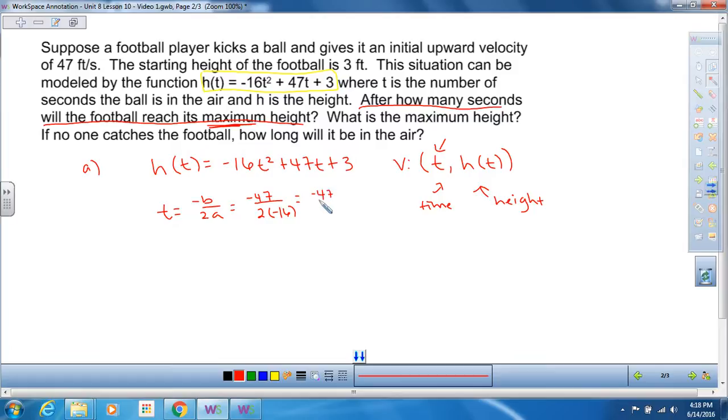Negative 47 over negative 32. So we get a pretty long decimal here. Let's round to 2 places. So that's approximately 1.47. Well, that gives me the first part. So about 1.47 seconds. That is when the football will reach its maximum height.